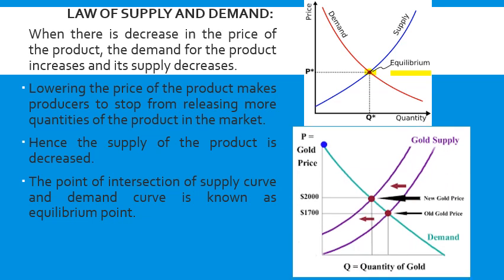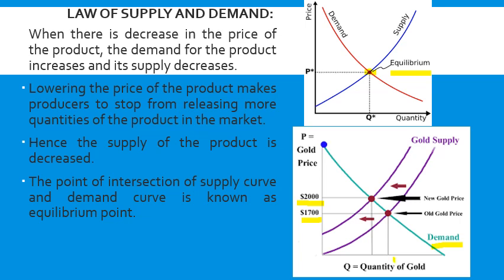And in this curve we can very clearly see that as the price increases from $1,700 to say $2,000, what happened to the quantity? You can see here the demand. Let us analyze the demand curve first.